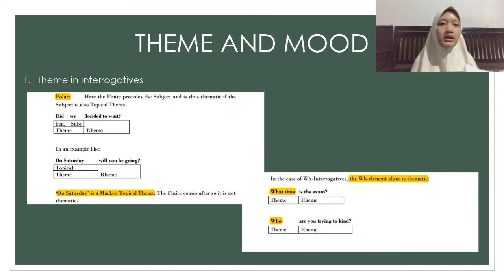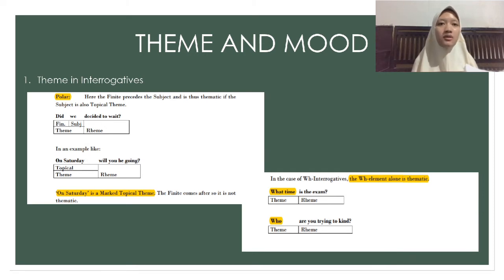"Will" is finite, "we" is the subject, and "decided to wait" is the rheme. But it can be different in an example like "On Saturday, will you be going": "on Saturday" is a marked topical theme, and "will you be going" is the rheme. The finite comes after, so it is not thematic.